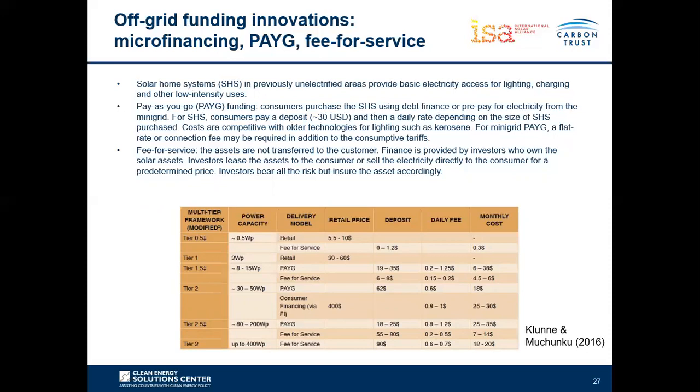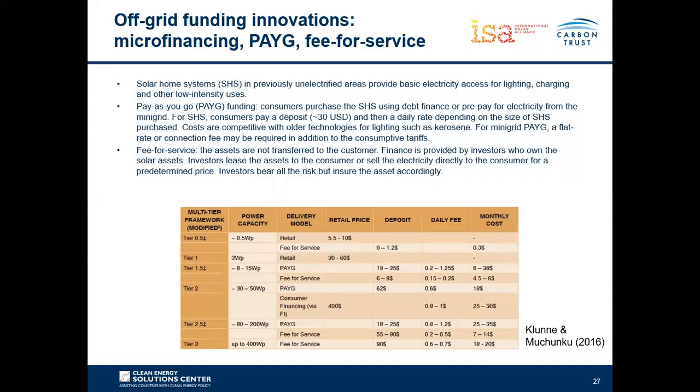Instead, they pay a deposit, which, depending on the size of the project, could be $30, could be $60, and then they pay a monthly installment to the developer to pay off the equipment, and they get to enjoy the electricity from the project in the meantime until it's paid off, and then they own the equipment and they get to use the electricity from it.